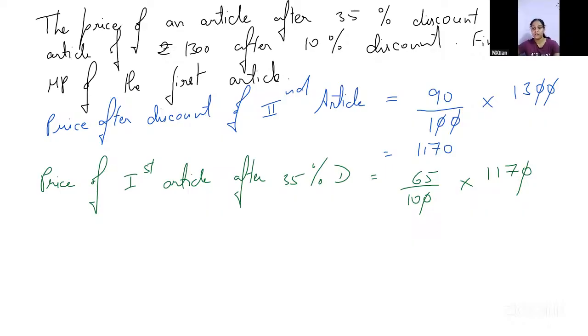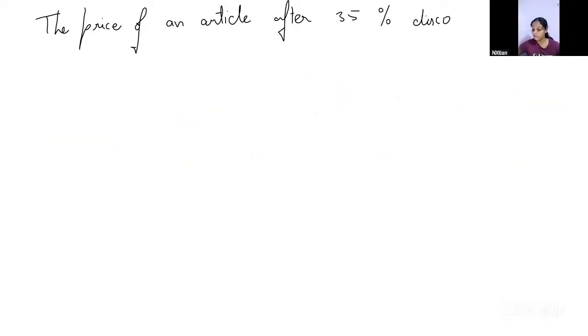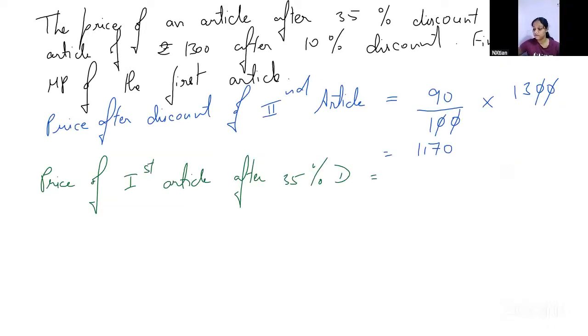So 65% divided by 100 of 1170. If you don't do this calculation, write down 65% of the market price.